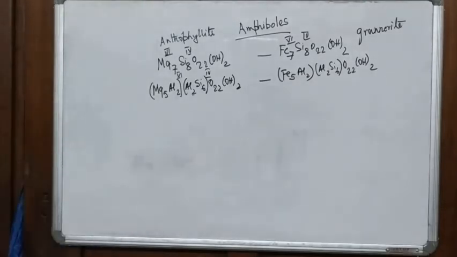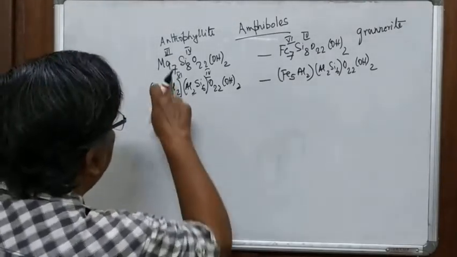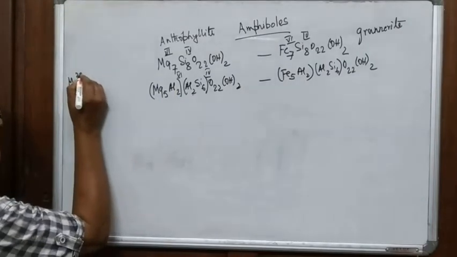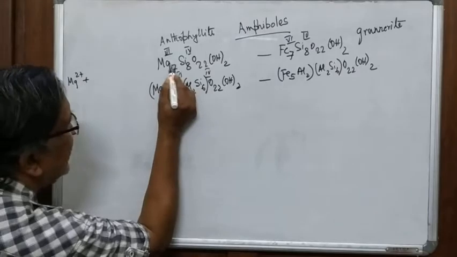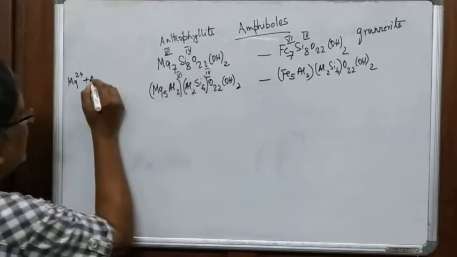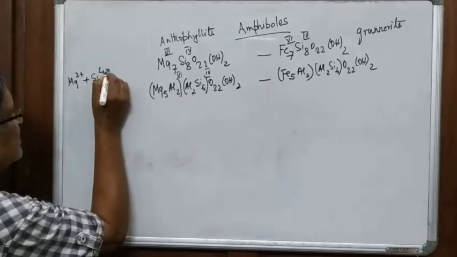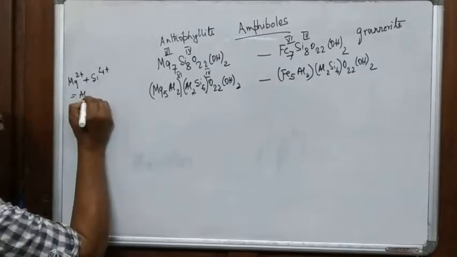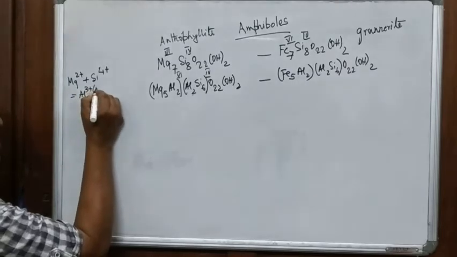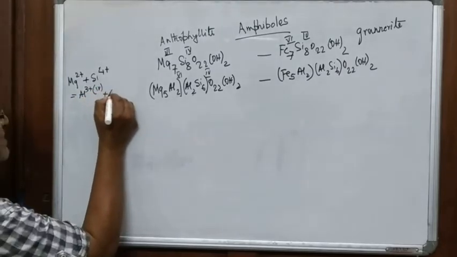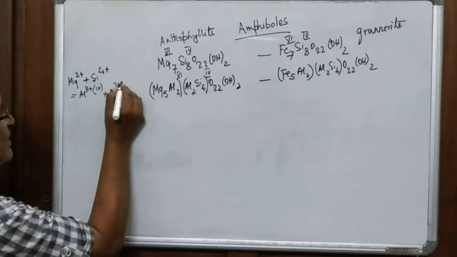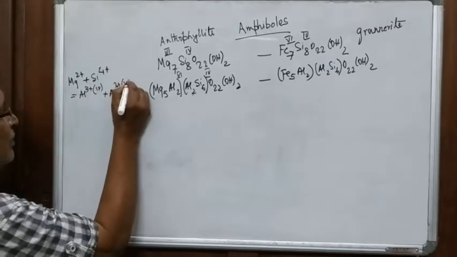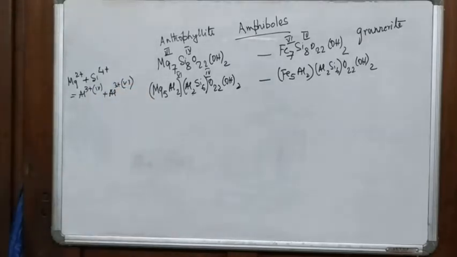How will I remember if I have anthophyllite? You can see the replacement is Mg2+ and Si4+, and you replace them by Al3+ octahedral plus Al3+ tetrahedral.